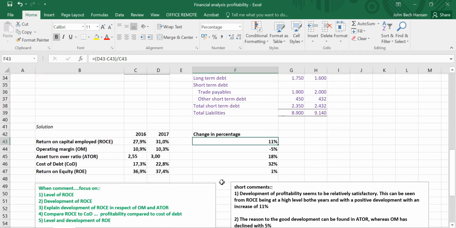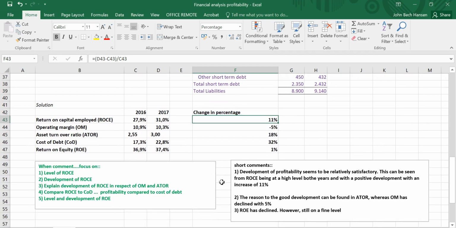Yeah, and I have made the comments down here. So when you are asked to comment on the key ratios, you have to comment on the level, the development, explain why the development is going as it is, and you can also compare the ROE to cost of debt, and of course level and development of return on equity.